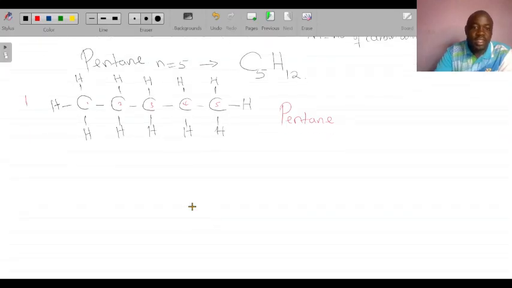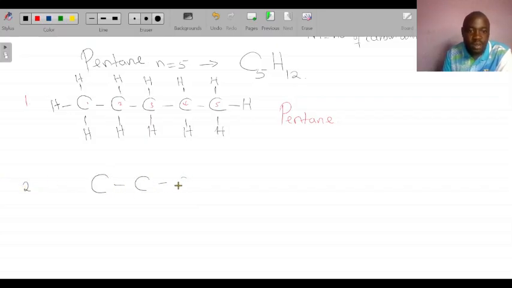So how do we come up with isomers? What we do is simply rearrange the carbon and the hydrogen atoms. We reduce the number of carbon atoms in the longest continuous chain. Like in this case, in my second one, I can decide to have 4 carbon atoms.